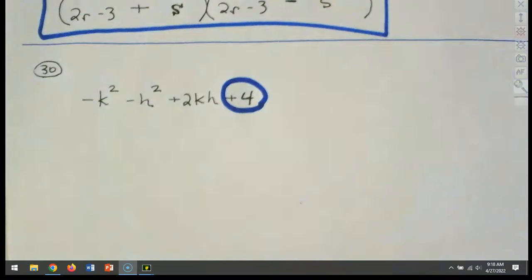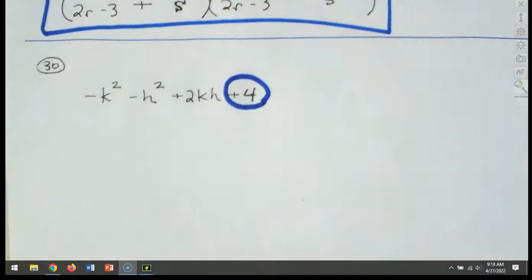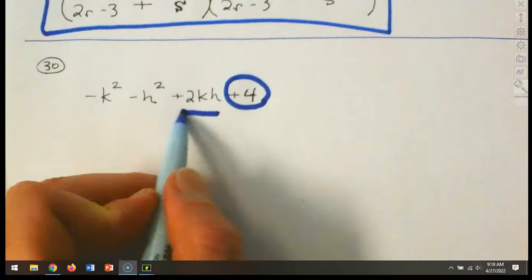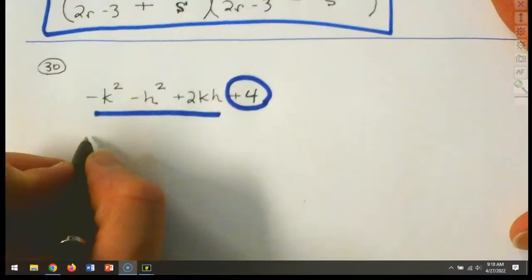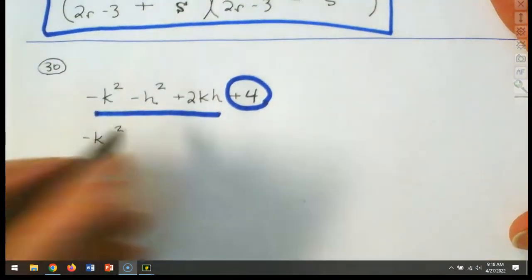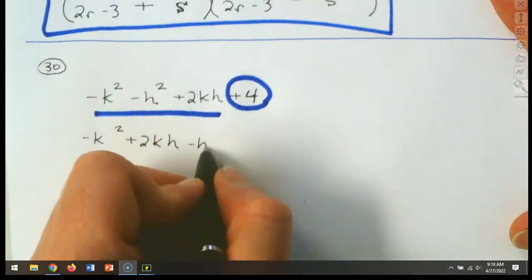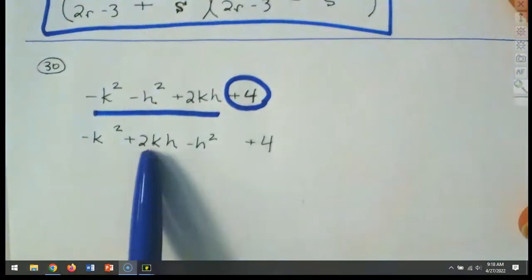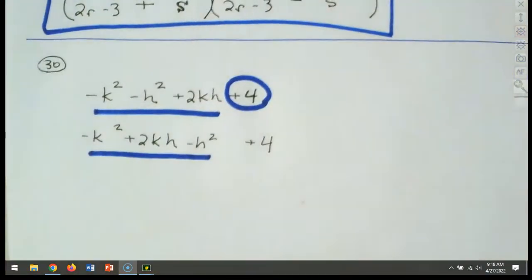We always want squares, and that's the odd one out, because it's the only one that doesn't have an h or a k with it. To make this one easier, I'm going to rewrite this in a little bit different order so that it's easier to factor. So I'm going to rewrite this just in a different order as a minus k squared plus 2kh minus h squared. And then we've got the plus 4. I'm doing that so we have the middle to match up. See, it has the h and the k in it.